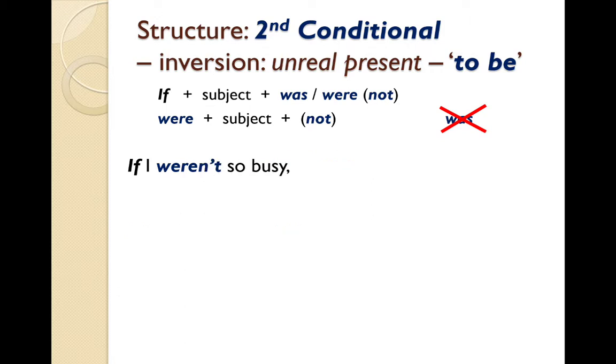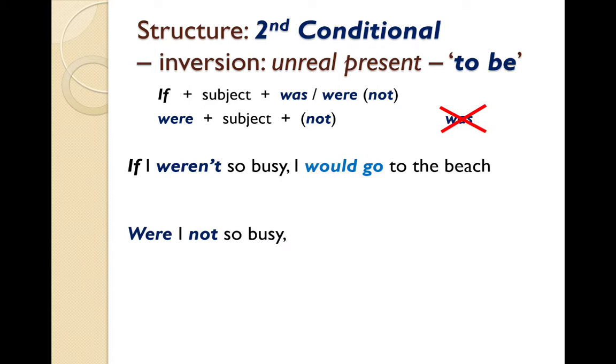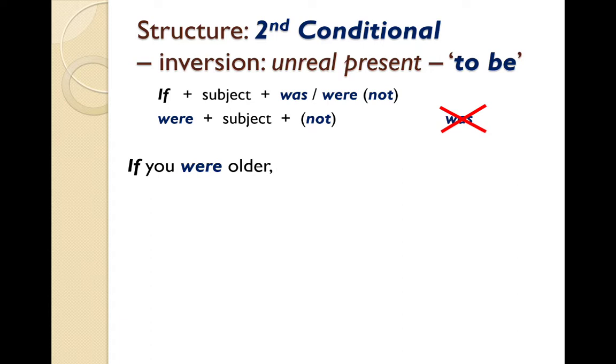If I weren't so busy, I would go to the beach. Were I not so busy, I would go to the beach. So again, we take out if and I were not becomes were I not. If you were older, you would have more experience.